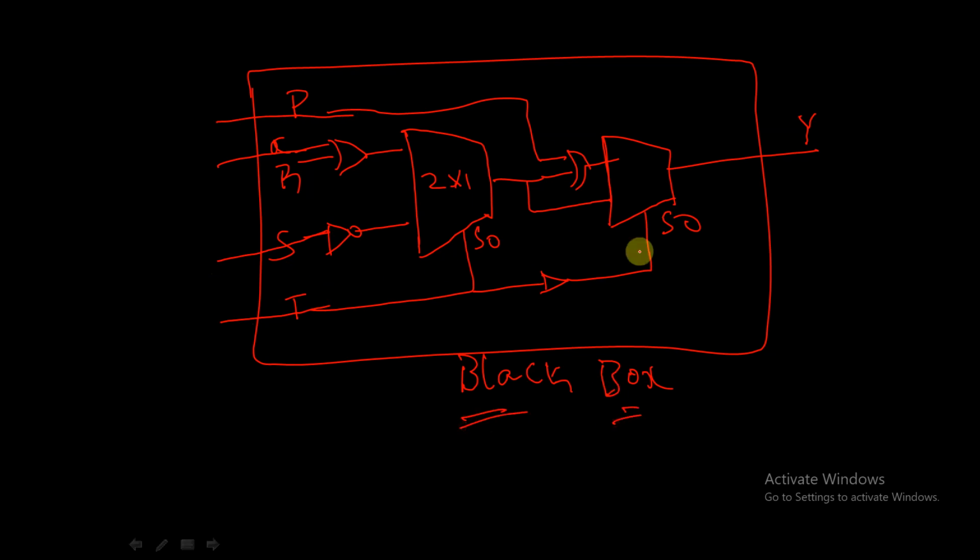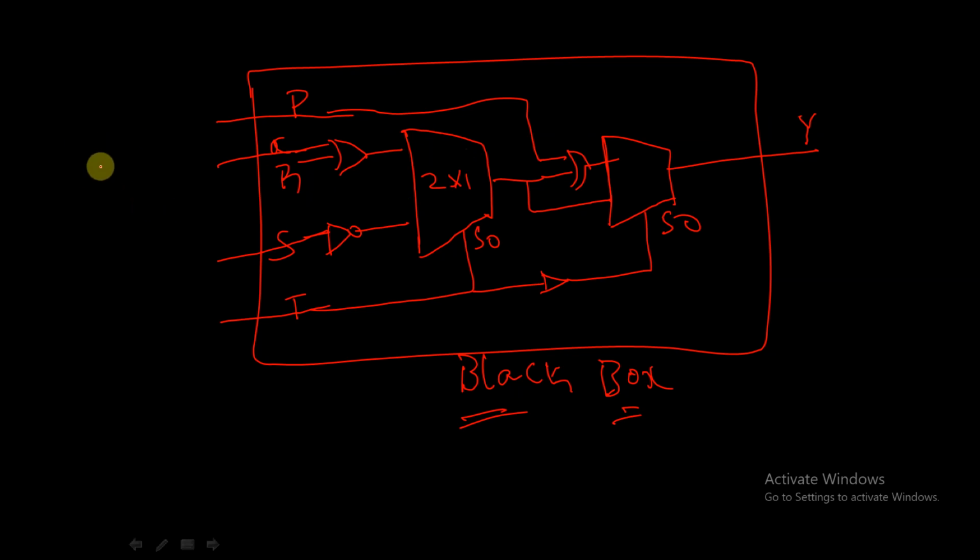So we need to find at what time we are getting the output. For finding at which particular time we are getting our output, we need to know the propagation delay, critical path, false path, all the terminologies.